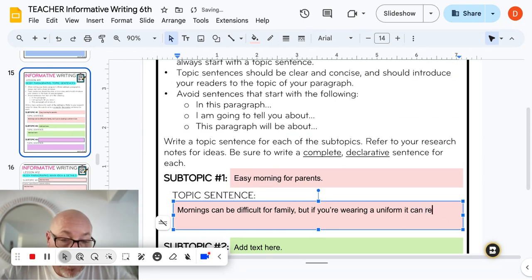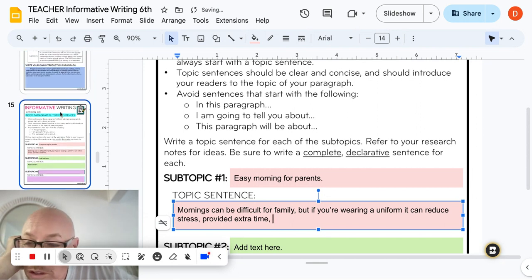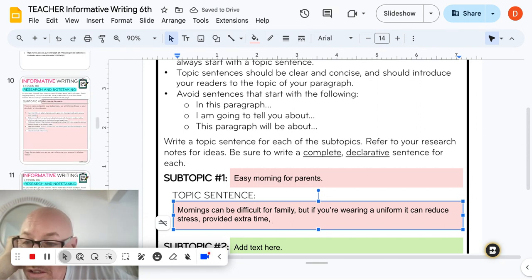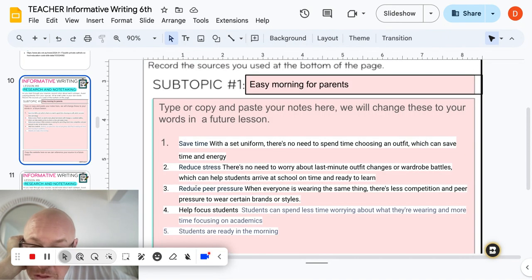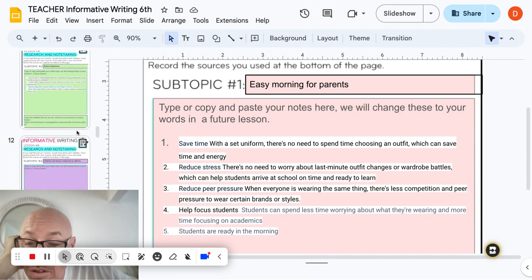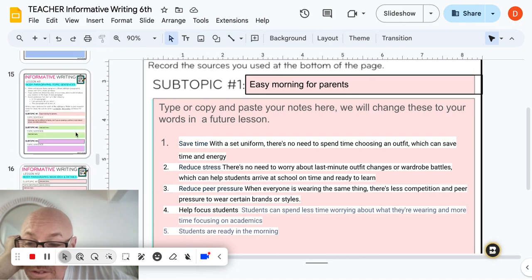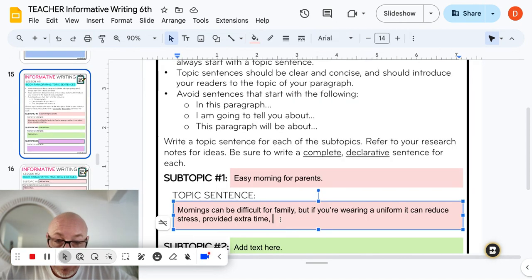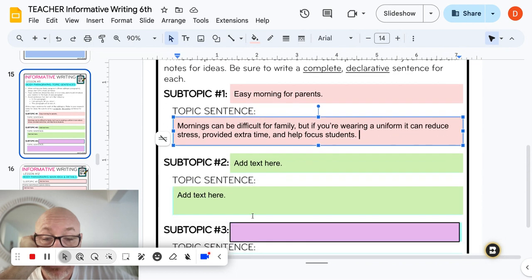Can reduce stress, provide extra time, and then, since I forgot what that last one was, I'm going to go back up and look. I said reduce stress, reduce pressure, help focus students. And I'm going to say, and help focus students. Period. Now I've already got 1 sentence for my paragraph.